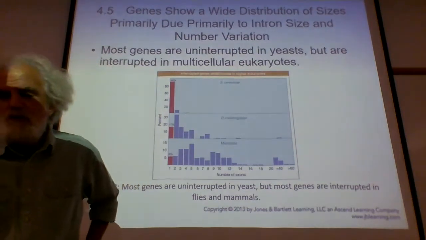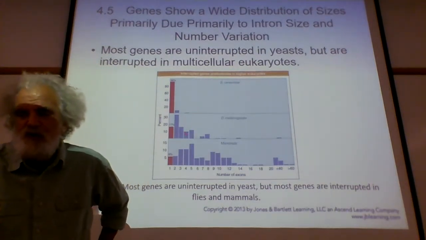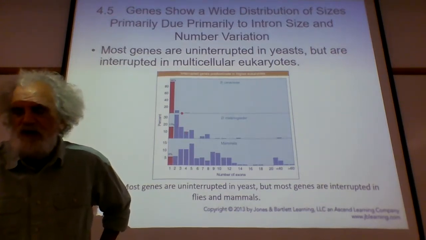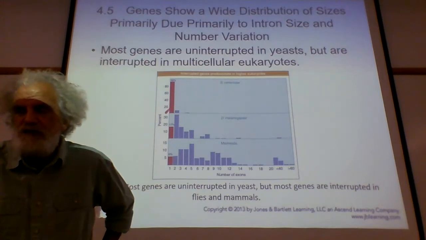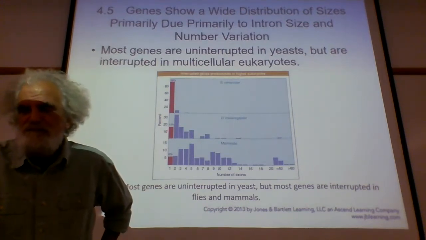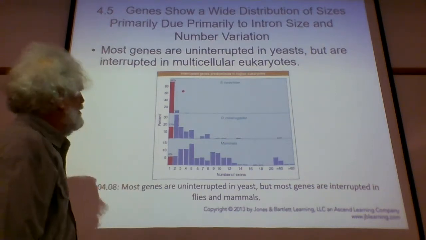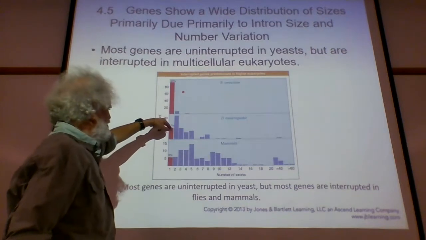Now, when we start looking at a slightly more complicated organism, Drosophila, the number of single uninterrupted genes drops dramatically, from 96% down to 17%.